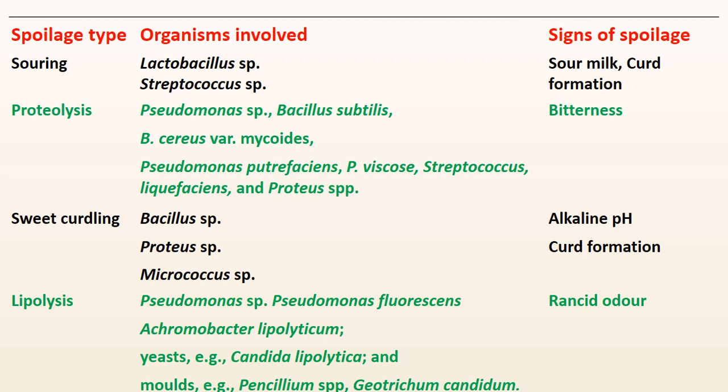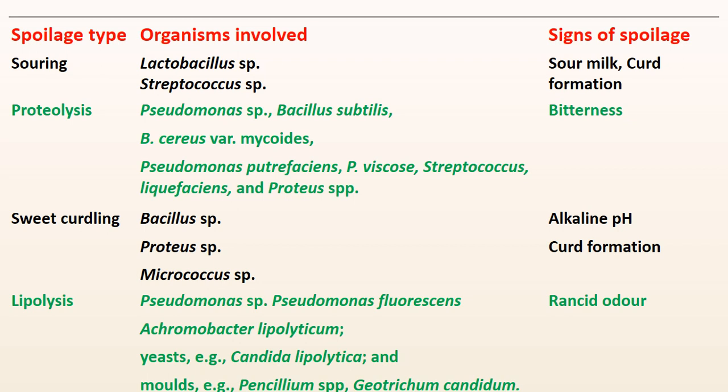Then proteolysis is a common defect or spoilage type caused by Pseudomonas species, Bacillus subtilis, Bacillus cereus, their variety mycoides, Pseudomonas putrefaciens, Pseudomonas viscosa, Streptococcus liquefaciens and Proteus species, and the main sign will be bitterness.